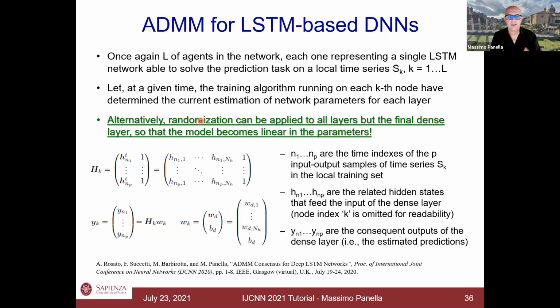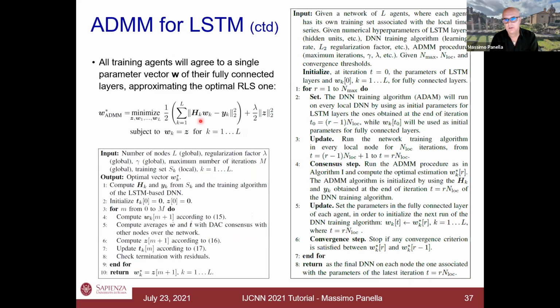The model is linear in the parameters if we randomize or if we use an alternating training, but we have fixed all the parameters in the first layer, and we have to train only the parameters of the final dense layer. We can use an ADMM-based approach also for LSTM-based deep recurrent neural networks. Of course, the algorithm is more complex. We have published it here.